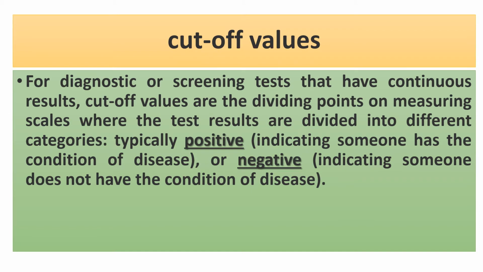For diagnostic or screening tests that have continuous results, cutoff values are the dividing points on measuring scales where the test results are divided into different categories. The first is typically positive, indicating someone has the condition or disease, and the second is negative, indicating someone does not have the condition or disease.